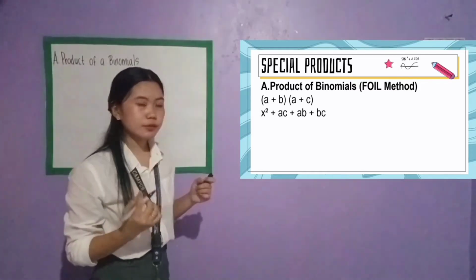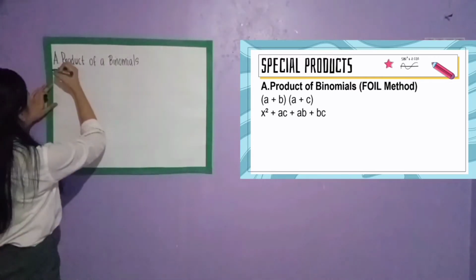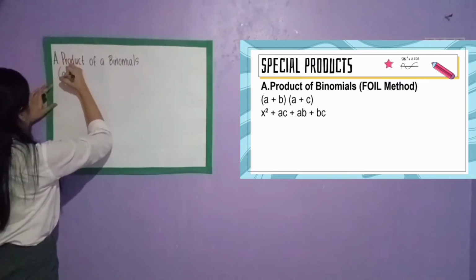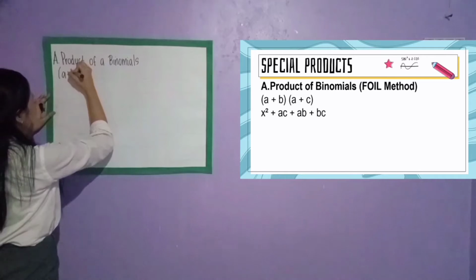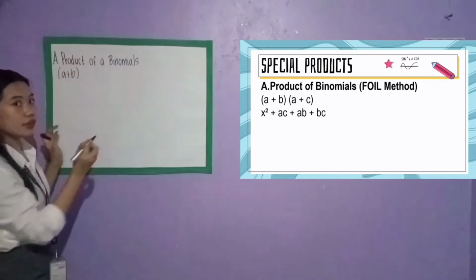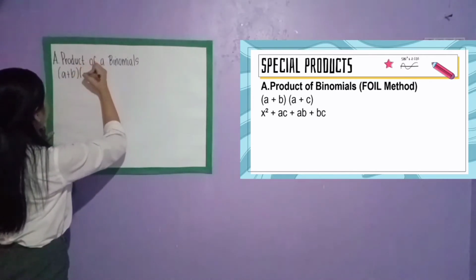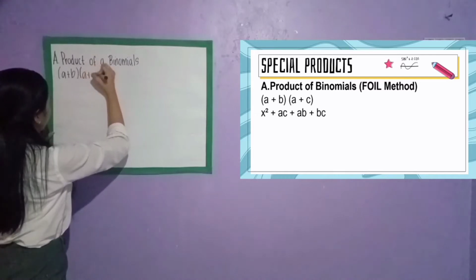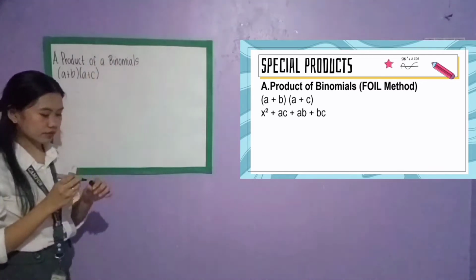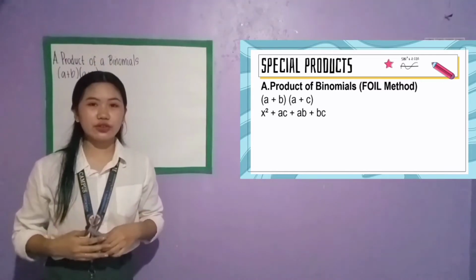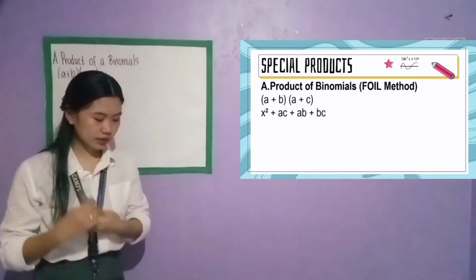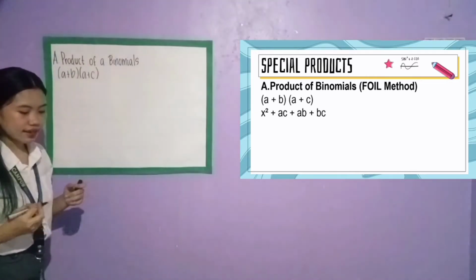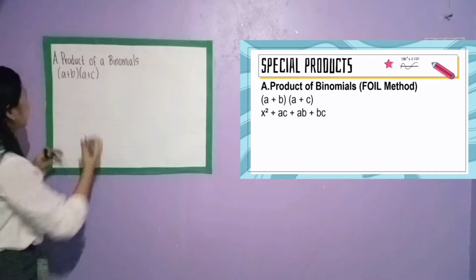For example, the quantity of A plus B multiplying to the quantity of A plus C. So, let's recall how to use the FOIL method. First, let's identify the first term.